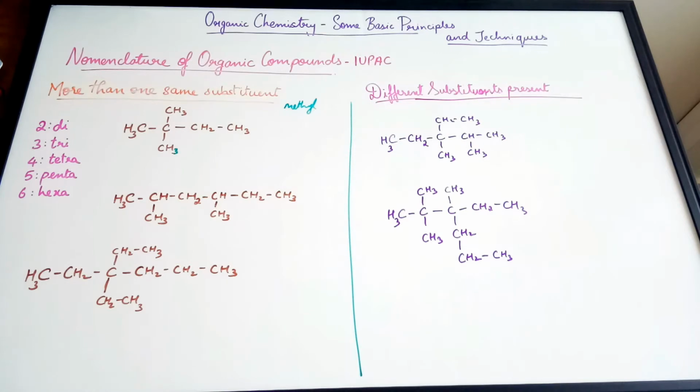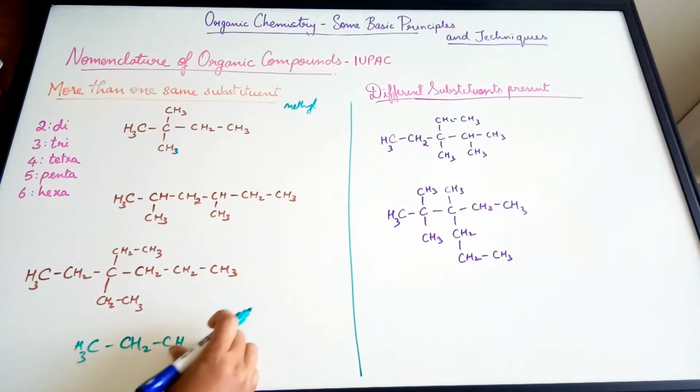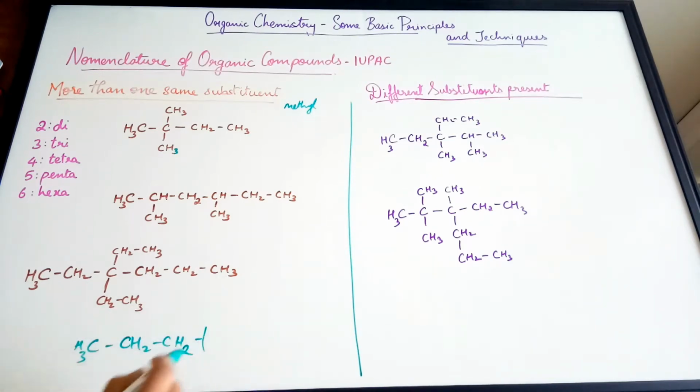And propyl will have 3 carbons. Propane is CH3, CH2, CH3. When this changes to CH2 and it is attached to another chain, it's called propyl.